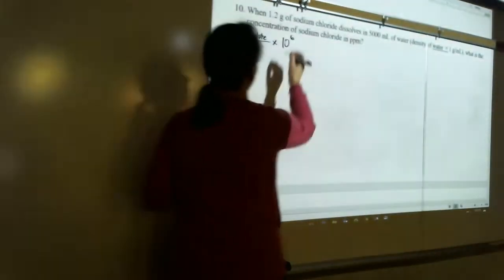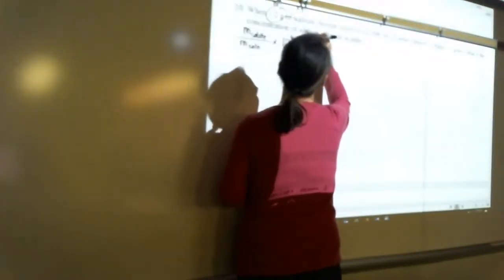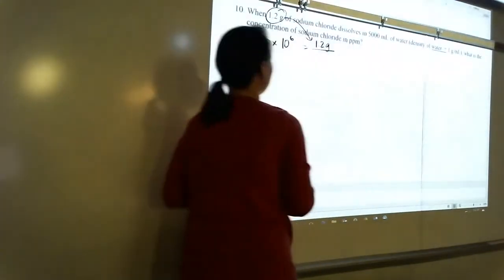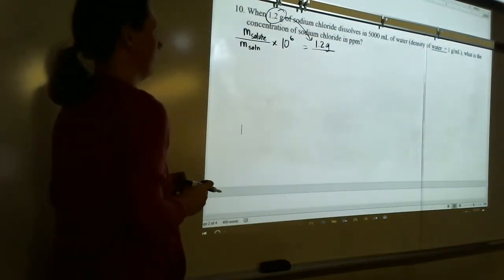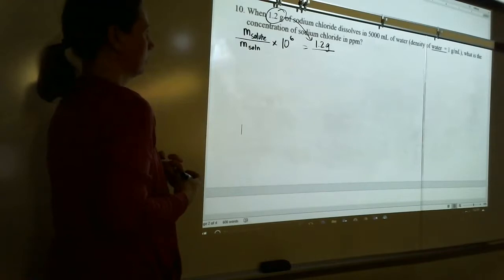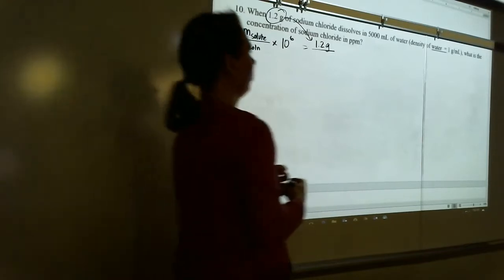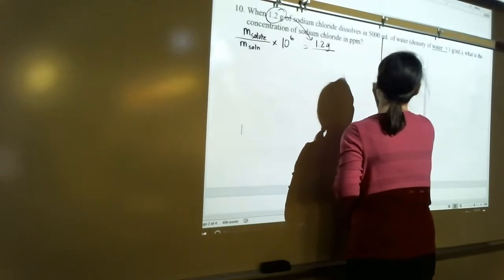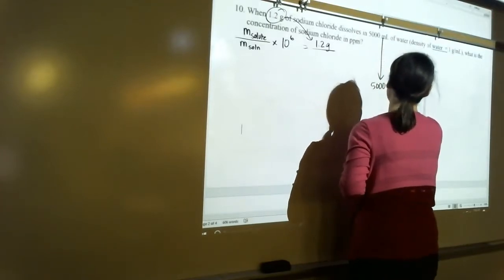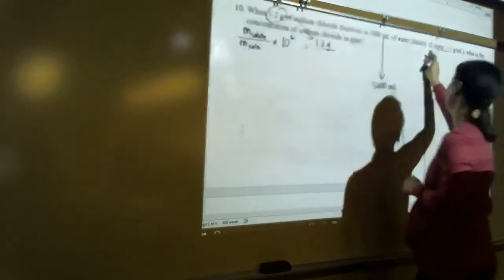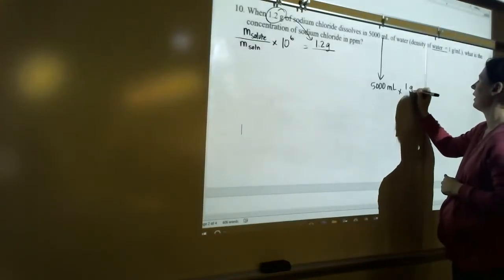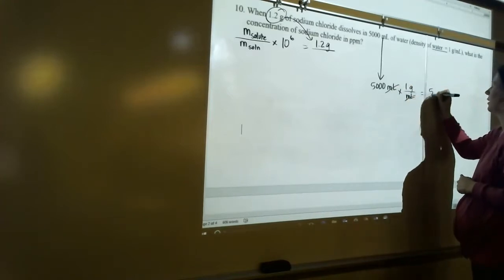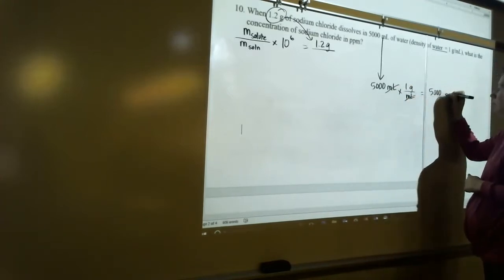Okay, so the top number is the 1.2. And how do I get the mass of the water? Well, the water is a volume of 5,000 milliliters, 5 liters, right? The density of water, 1 gram per milliliter. So that's 5,000 grams.